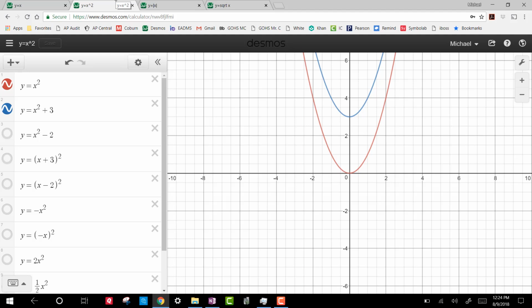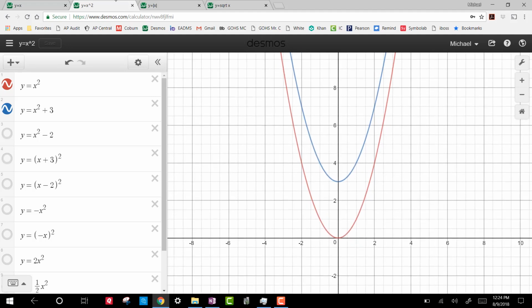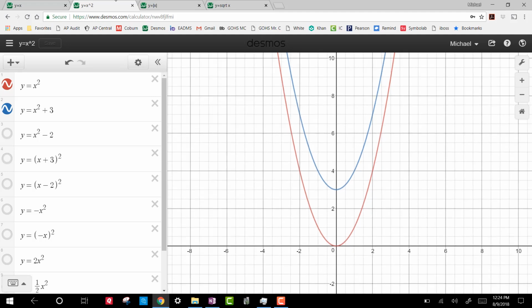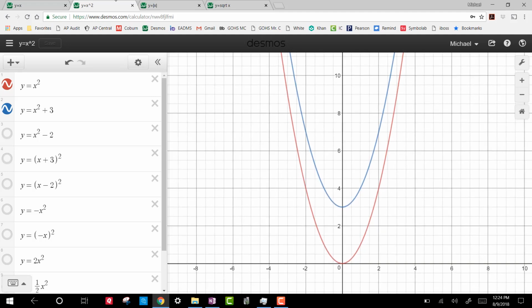That's the parent. Y equals x squared plus 3 is the same graph, but the only difference being, I can pull this down, the only difference being that it's exactly the same width. Everything is the same, except the vertex has gone from 0, 0 to 0, 3. Okay?